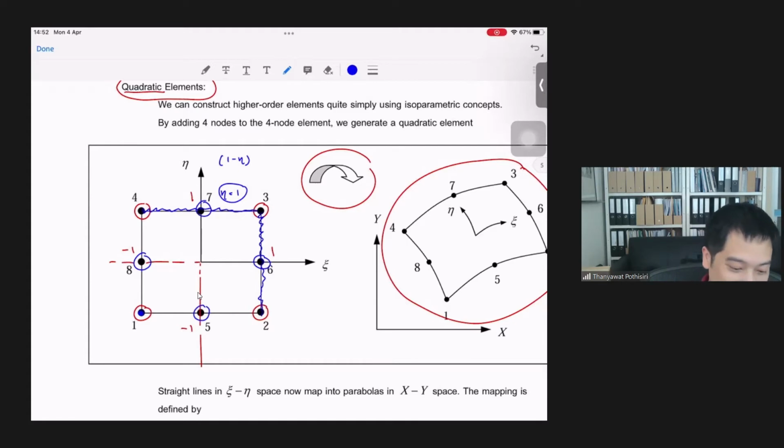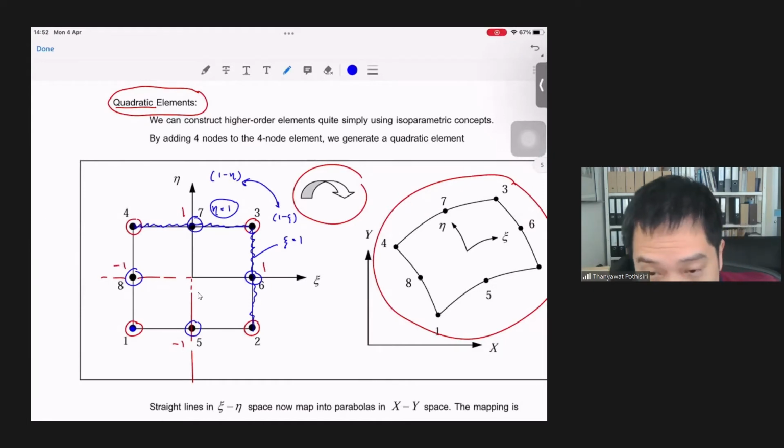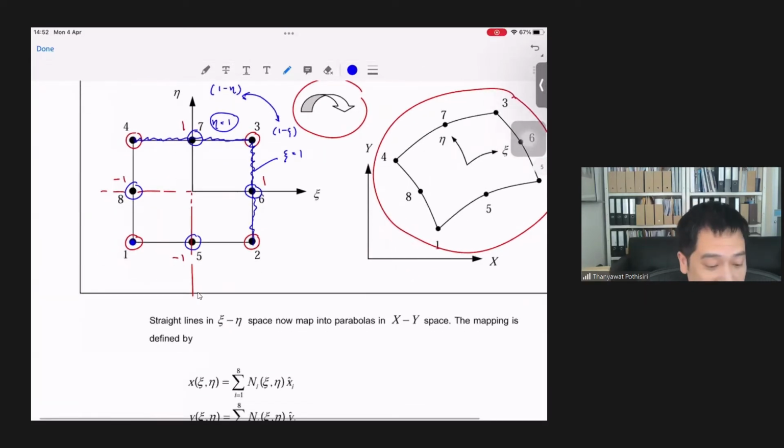What about this edge right here? This is the edge where xi equals 1, right? So in order to make N1 equal to 0 along this edge, you need this term right here. If you have these two terms together, N1 is equal to 0 along the edge where eta equals 1 and the edge where xi is equal to 1.